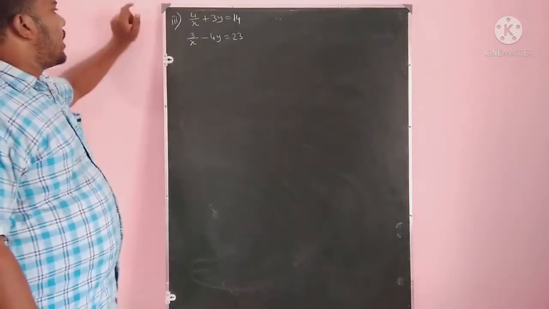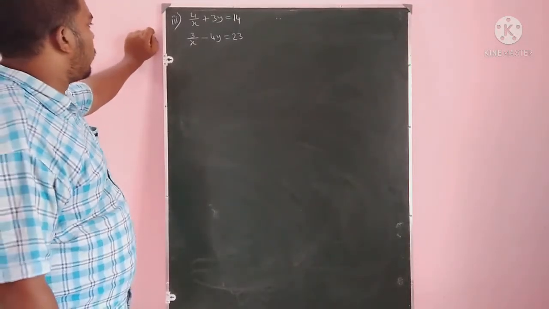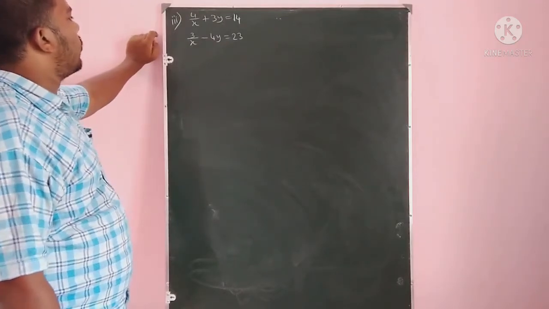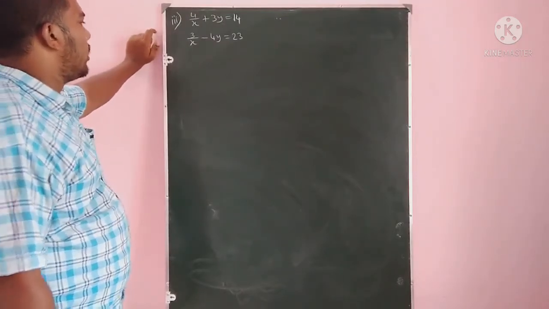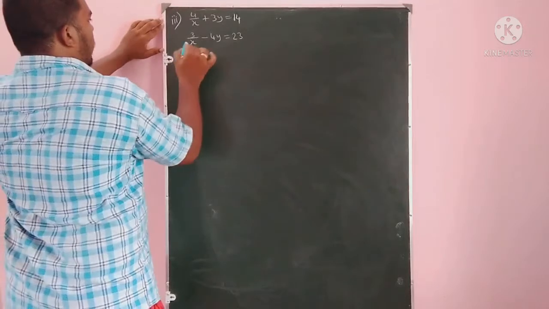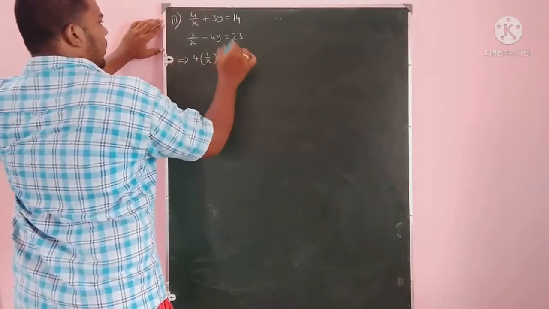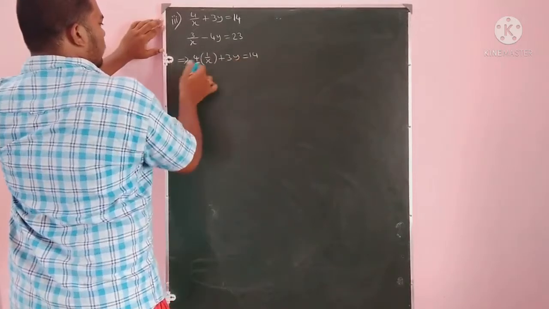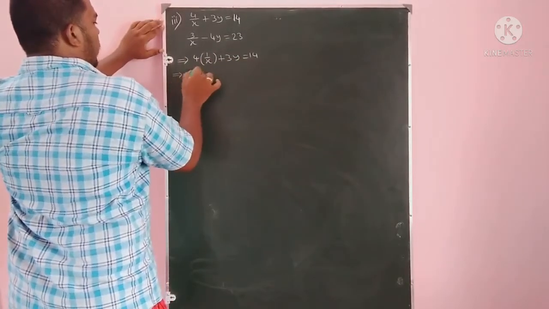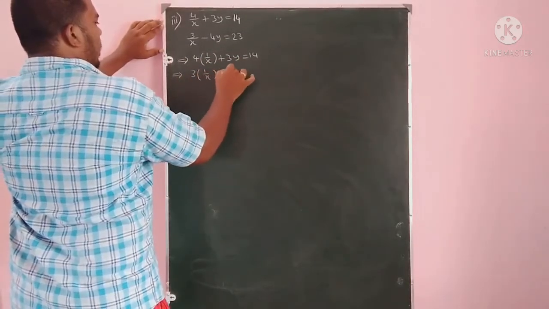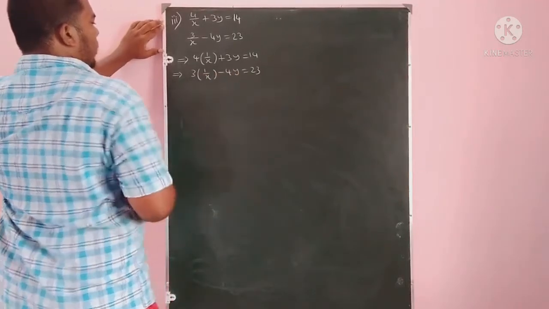The third question is given as 4 by x plus 3y is equal to 14, and 3 by x minus 4y equals 23. So we can write this as 4 into 1 by x plus 3y equals 14 and 3 into 1 by x minus 4y is equal to 23.